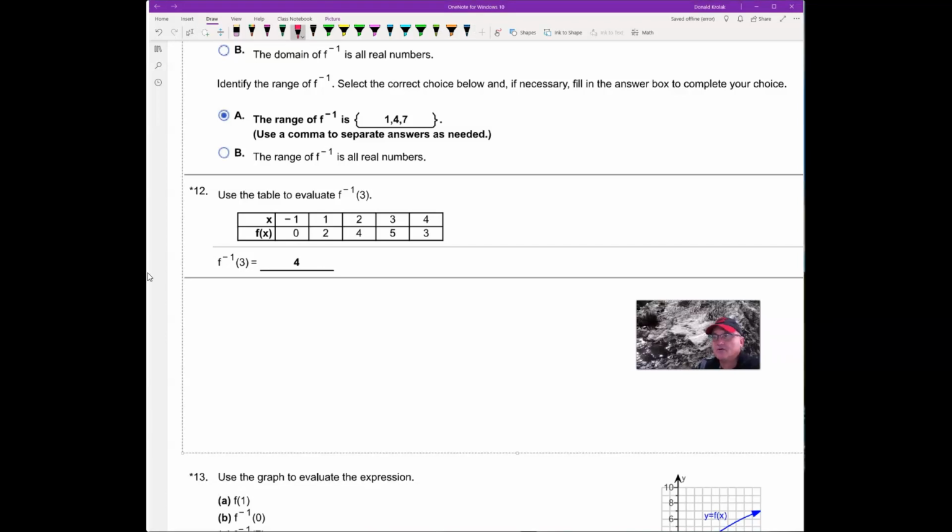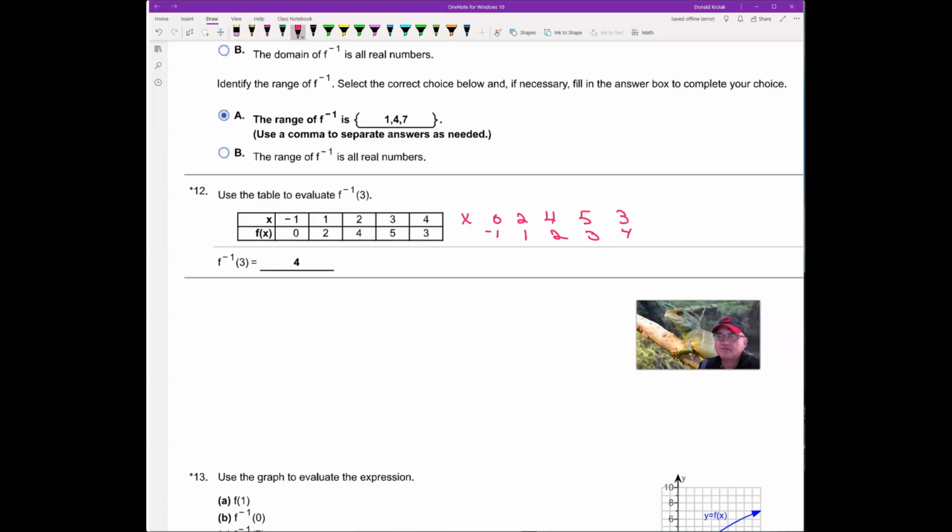I can create a new table just by switching the x's and the y's, and then look at the table that way. X, and then this second row is my inverse, and 3 is the input, so that value coming out of 3 would be 4.